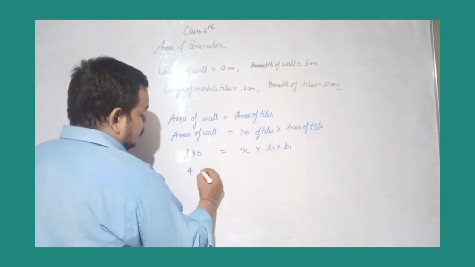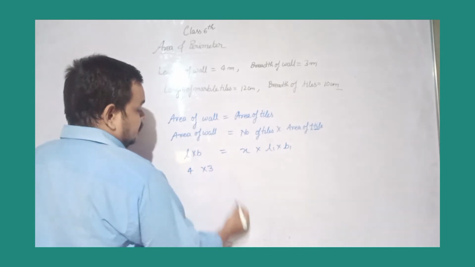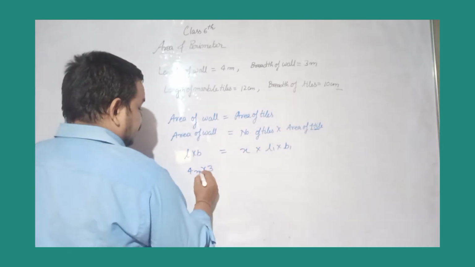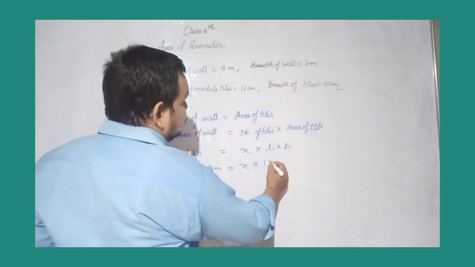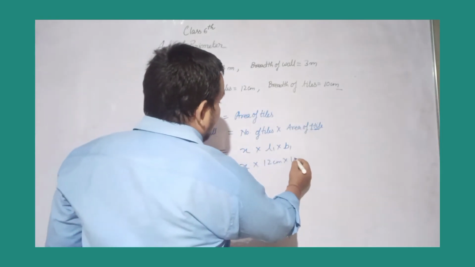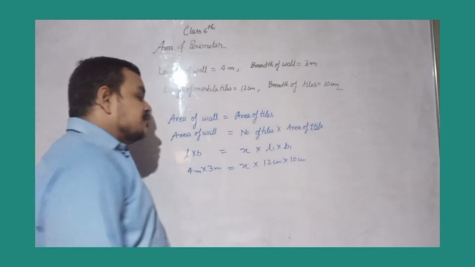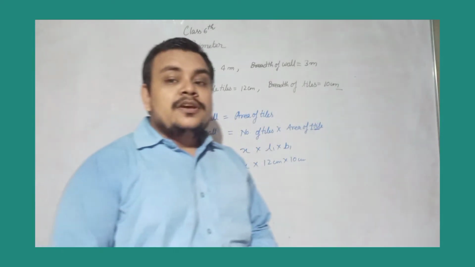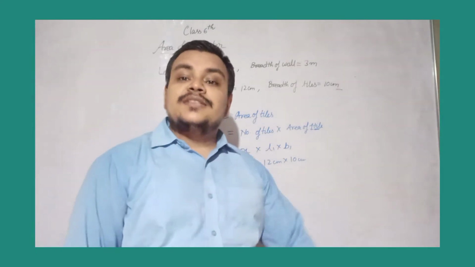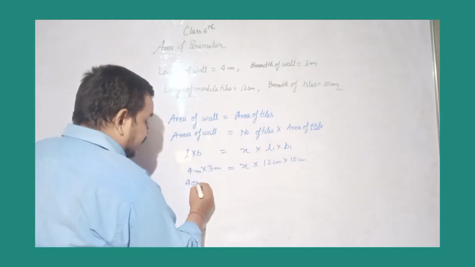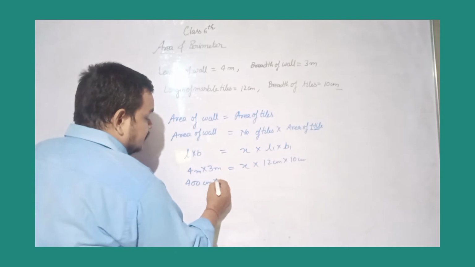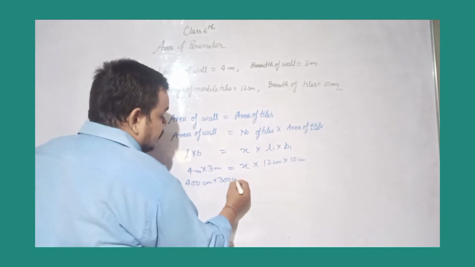So it became L into B: 4 meter into 3 meter. But here the tile dimensions are given as 12 centimeter and 10 centimeter. For division and multiplication, the unit should be the same. So we have to change 4 meter into 400 centimeter and 3 meter into 300 centimeter.